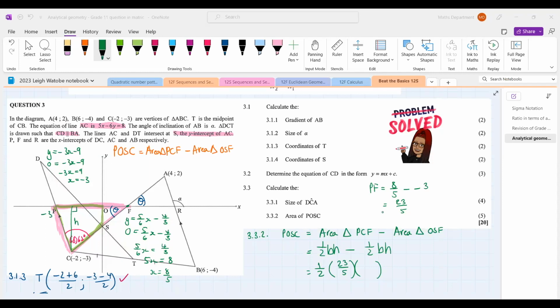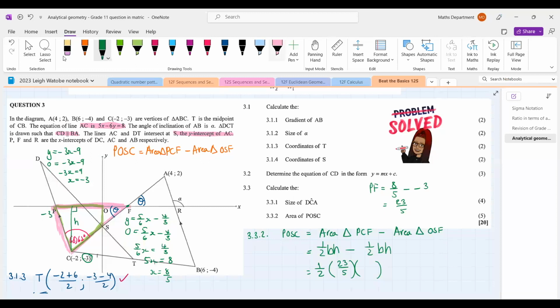The perpendicular height of triangle PCF, if I draw a perpendicular from C to the x-axis, would be 3 units long because of this y coordinate over here. Remember, distances are positive.